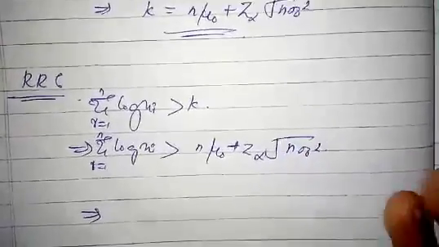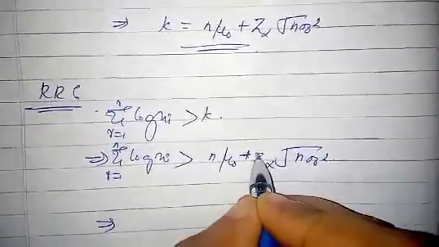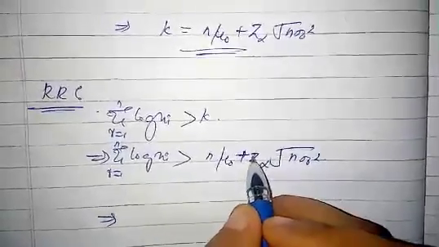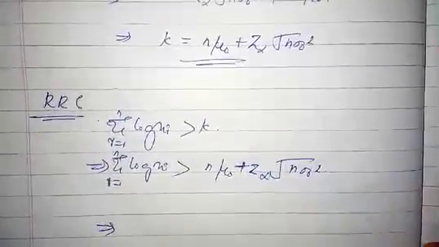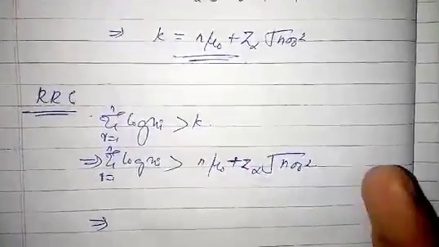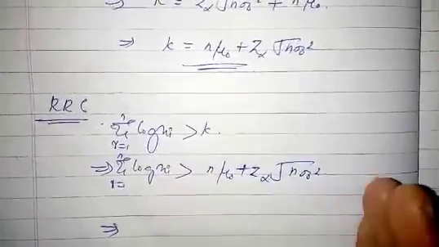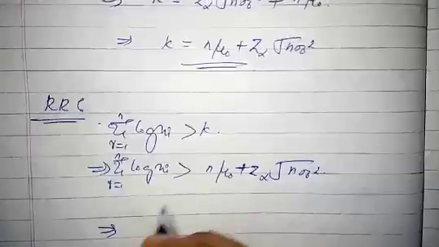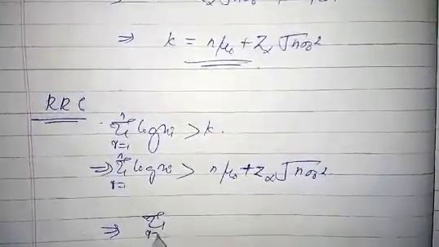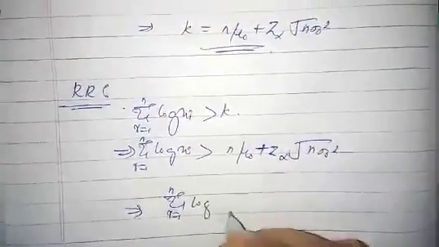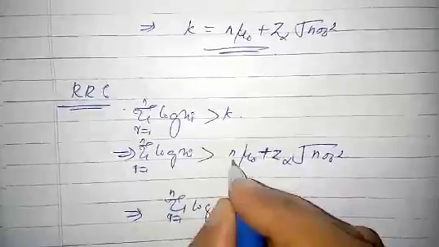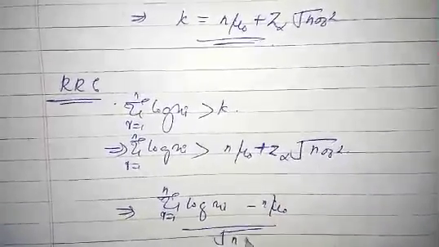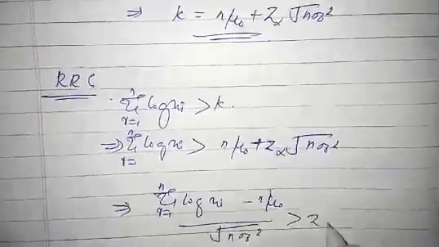That means we have to find, based on which value of z alpha, what the rejection region is for this test. For that we can make a transformation here: summation i from 1 to n of log xi minus n mu naught, divided by square root of n sigma naught square, is greater than z alpha.